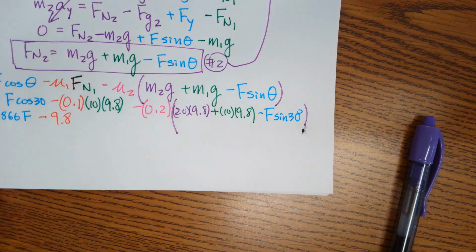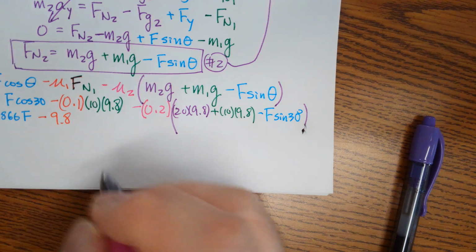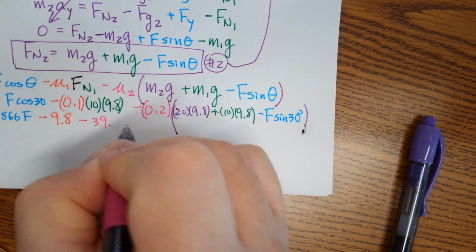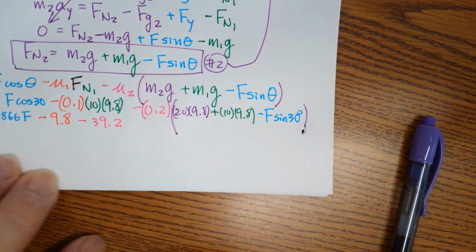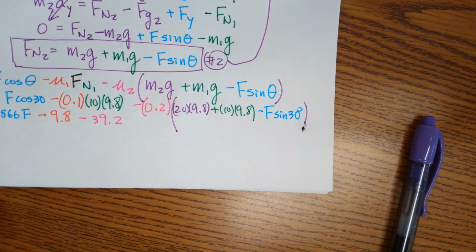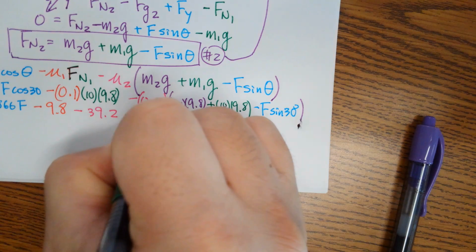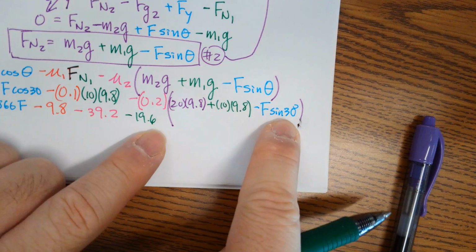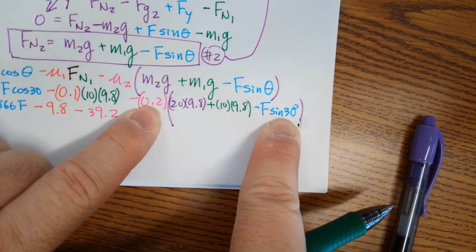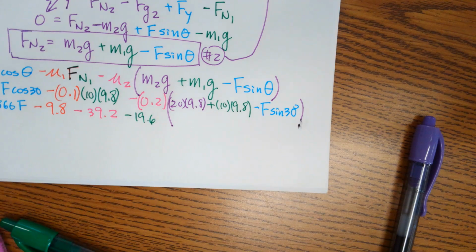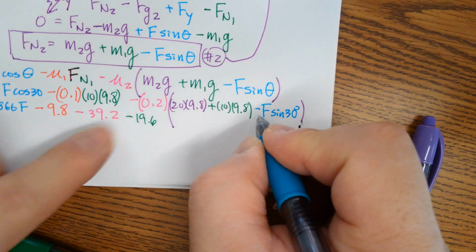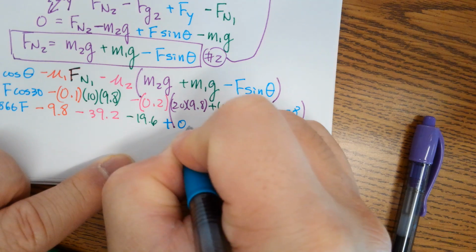And if I distribute this out, I'm going to get negative 39.2 minus 19.6. Right? This is half. 0.2 times half, you get 0.1. So minus times minus, you get plus 0.1 f.